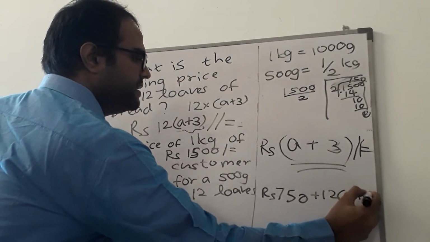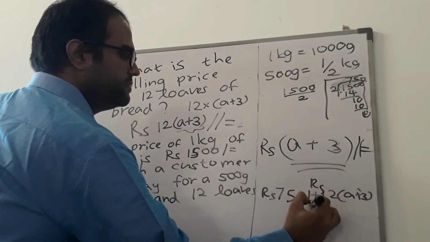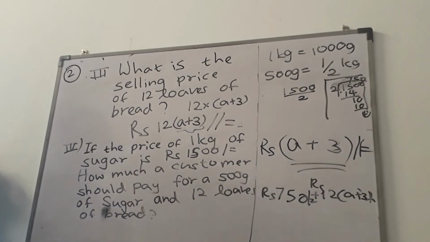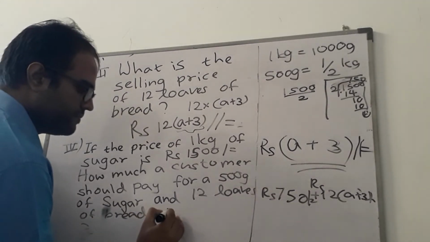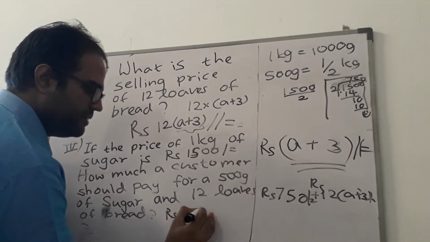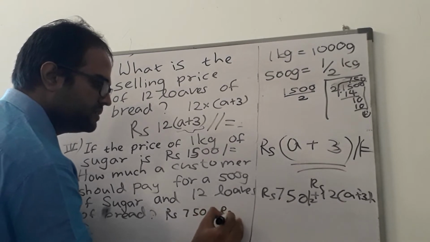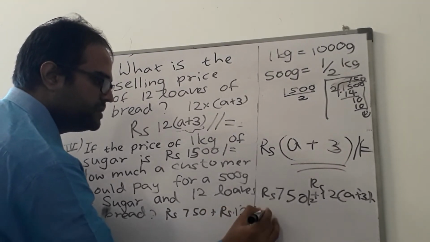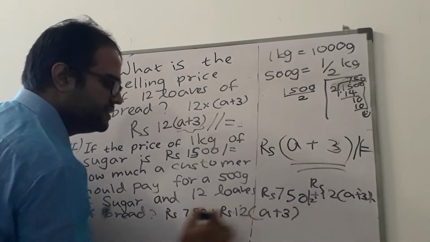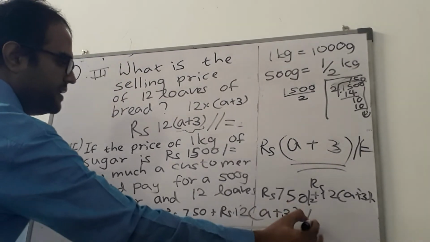So the answer is 750 plus 12 times A plus 3.